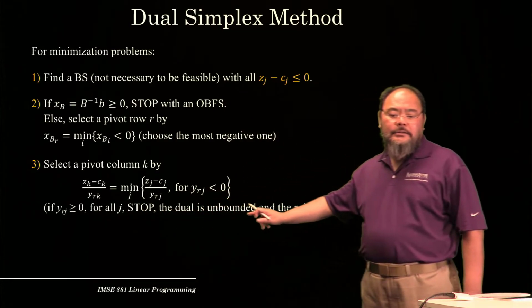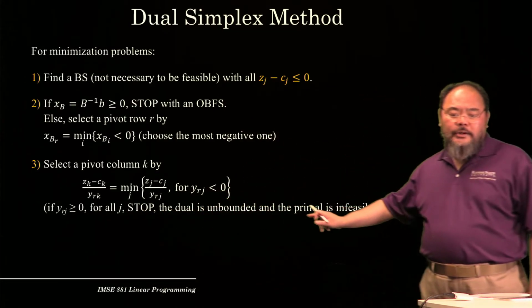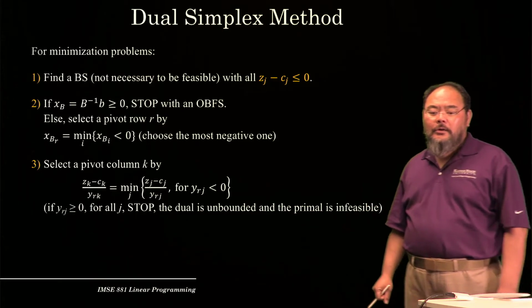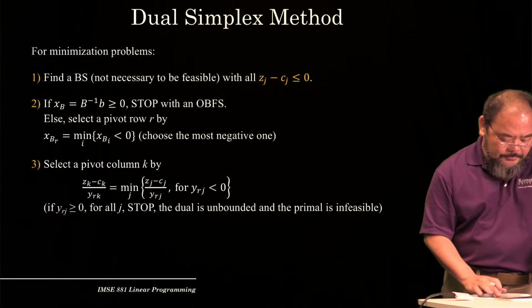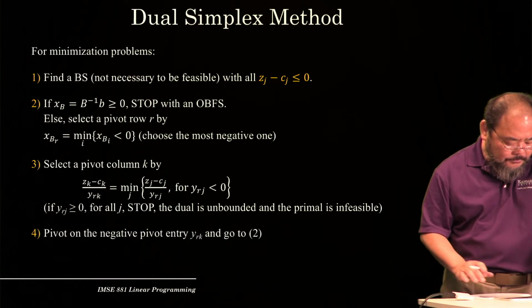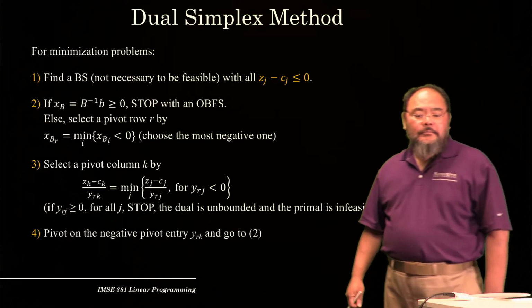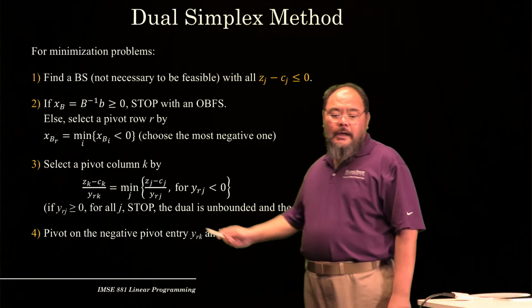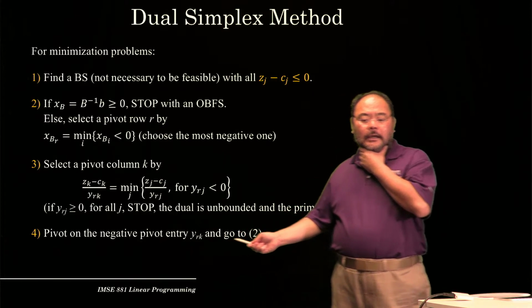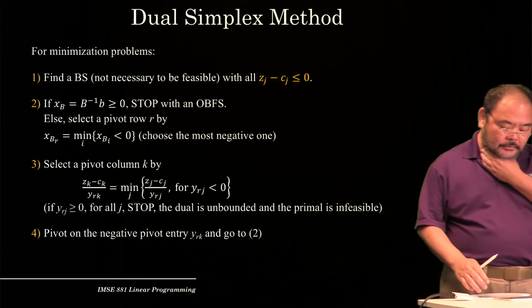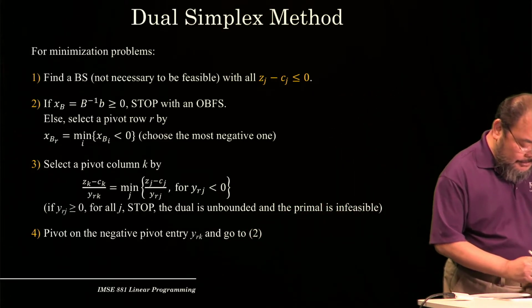The dual is unbounded, and the primal is infeasible. There's no feasible solution for the primal problem in this case. Otherwise we pivot on this negative pivot entry yrk, and then go to step 2 again. So we're looping this.